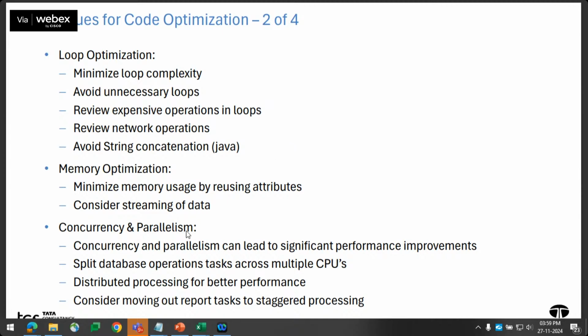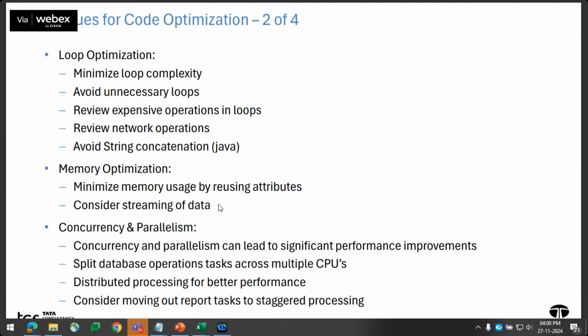And then next is concurrency and parallelism. We need to ensure we are able to run in parallel, because a lot of these technologies allow executing on multiple cores.